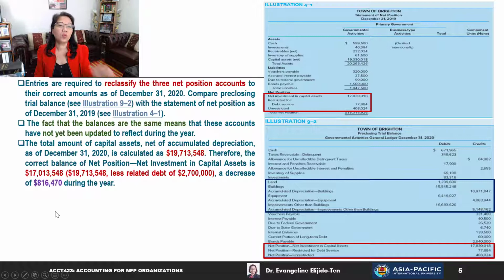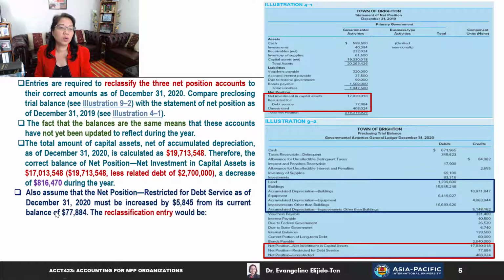All right. Before we prepare that reclassification, we also need to make an adjustment to the net position restricted for debt service. Now, your textbook has shown the calculation for this, but it requires going back a few chapters, and so we'll just assume, for the sake of the preparation of the reclassification entry, that the net position restricted for debt service needs to be increased by 5,845.